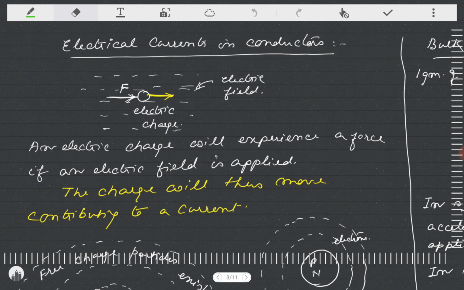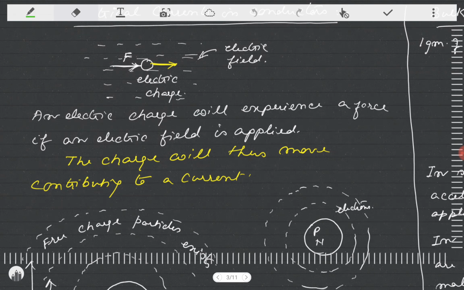So now we will study electric currents in conductors. An electric charge will experience a force if an electric field is applied.